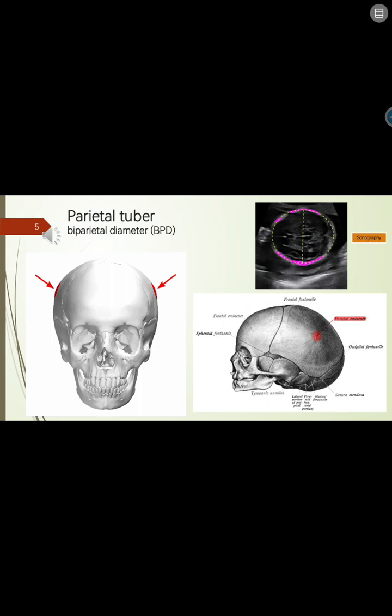Here, I want to show you a clinical anatomy of the parietal bone. We have a parietal tuber on the external surface of the parietal bone. In sonography, we can estimate the age of an embryo by the biparietal diameter, or BPD.